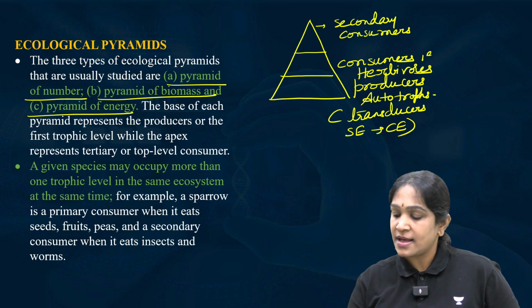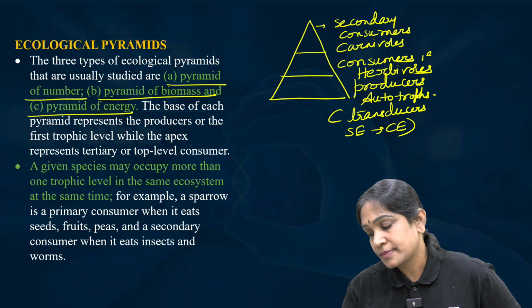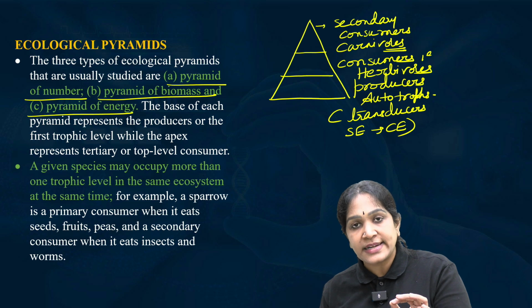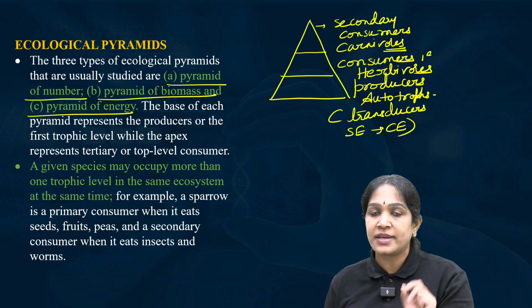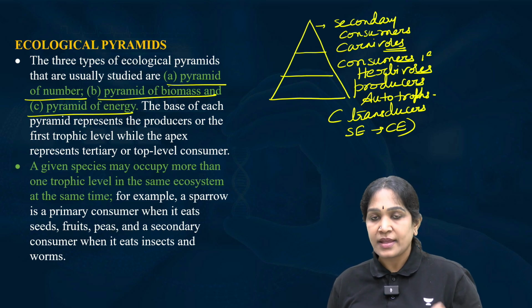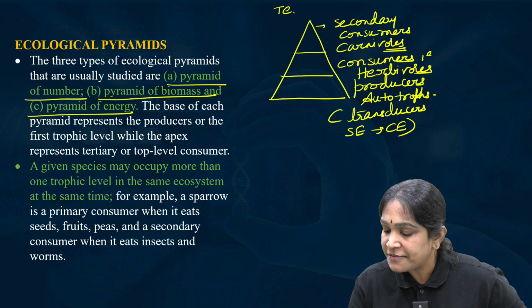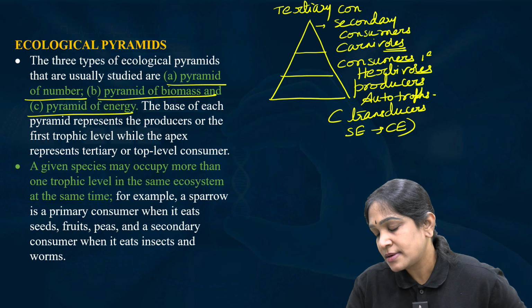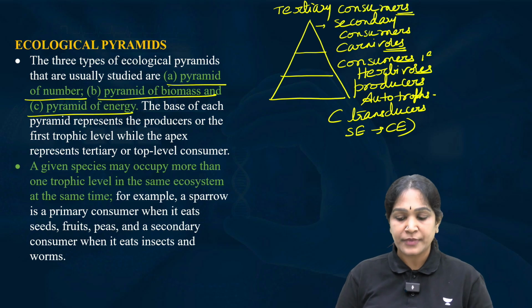Secondary consumers are called carnivores. The primary consumers or the herbivores will eat the plants, and carnivores will consume the animals. And in some ecosystems, you can also have tertiary consumers.